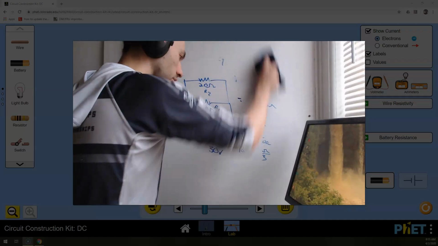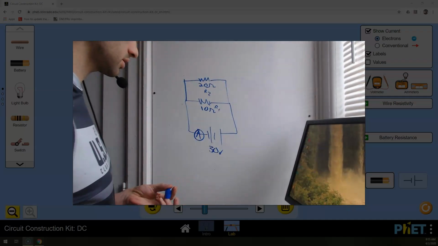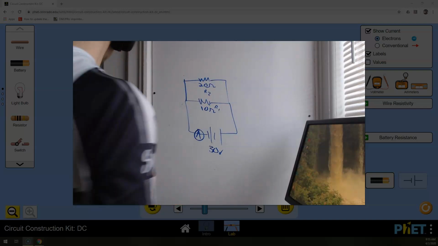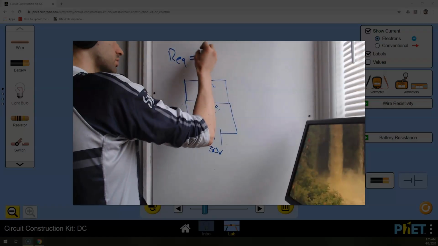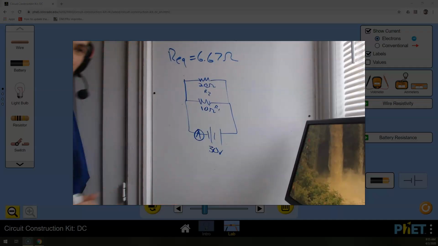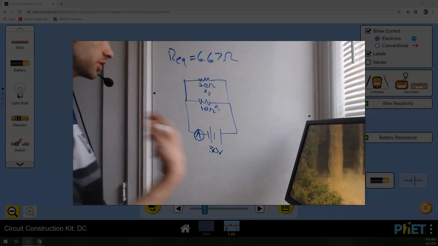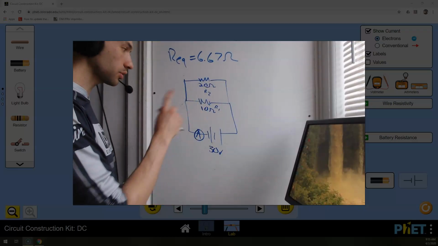So the total resistance of this thing is Req, 6.67 ohms. Okay, now I find maybe the total current. By the way, this is to find the total right now. I'm looking for total stuff.